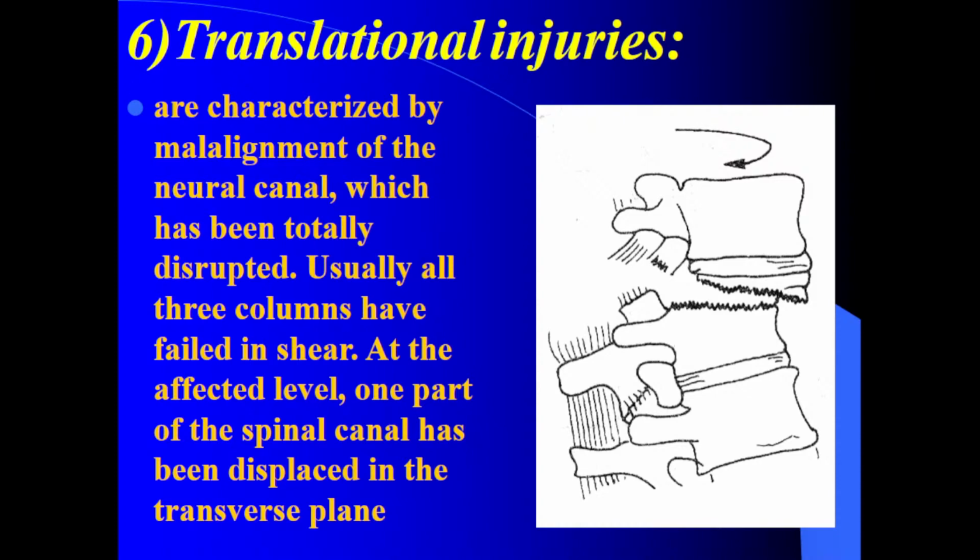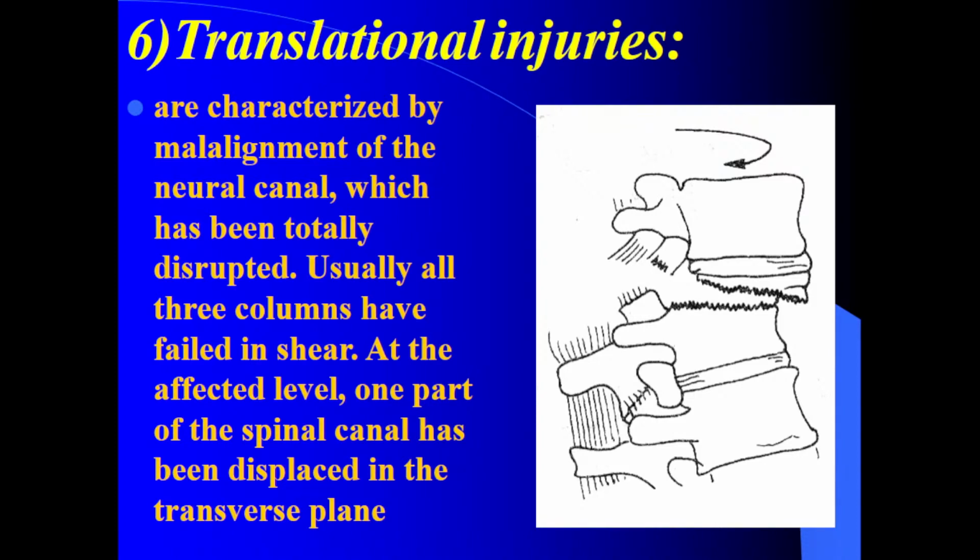Translational injuries, once again, the name of the trauma itself explains or shows us that some part of the vertebral column should be translated, should be displaced somewhere. Once again, it is an example of unstable trauma, and once again, it usually happens during a car accident.